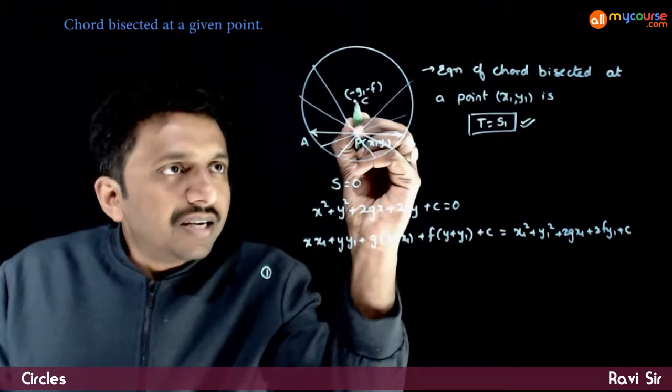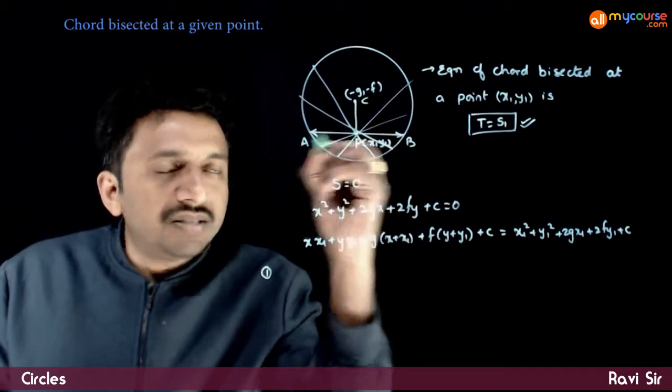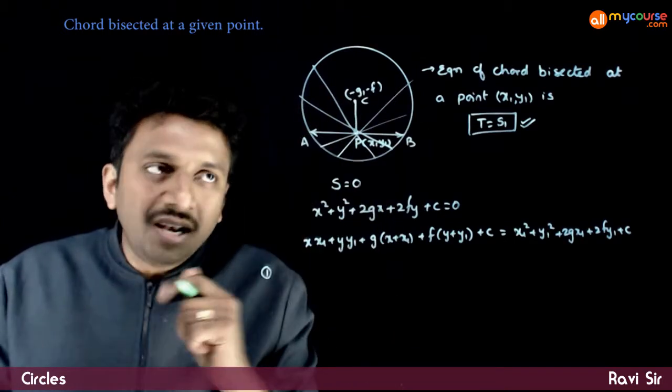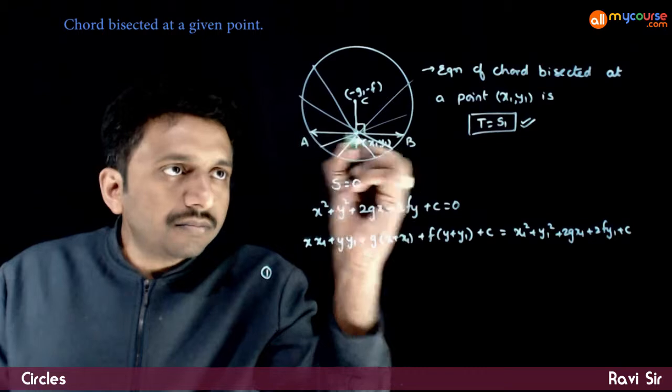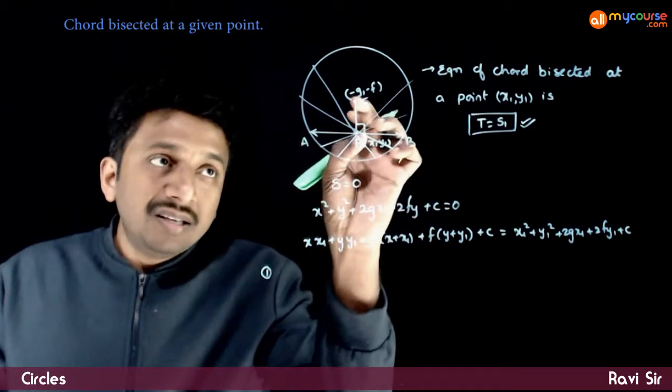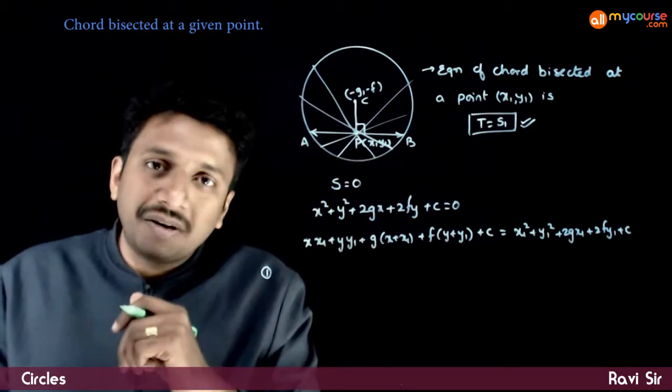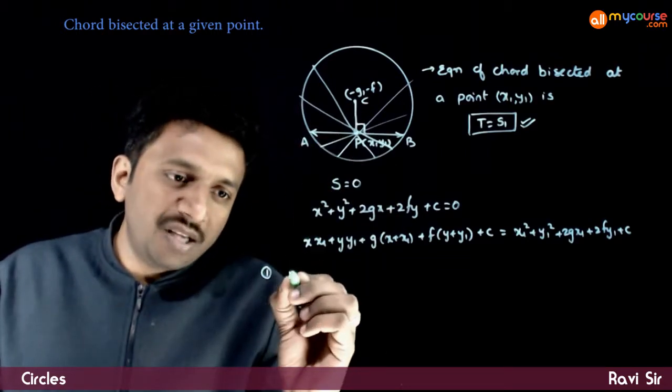So how can you find the slope? For that, let us join this P with C. P is the midpoint of the chord, C is the center of the circle. So we know that the line joining the center with the midpoint of the chord is perpendicular to the chord. So what is the slope of CP?